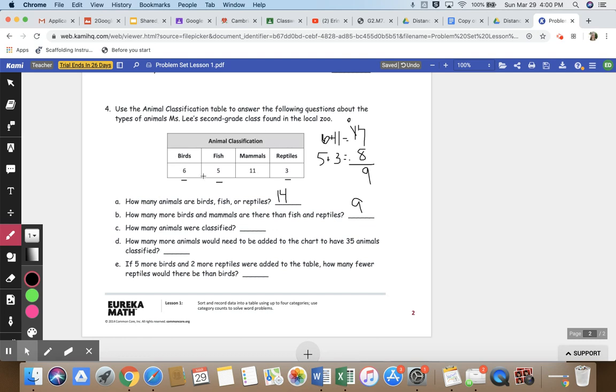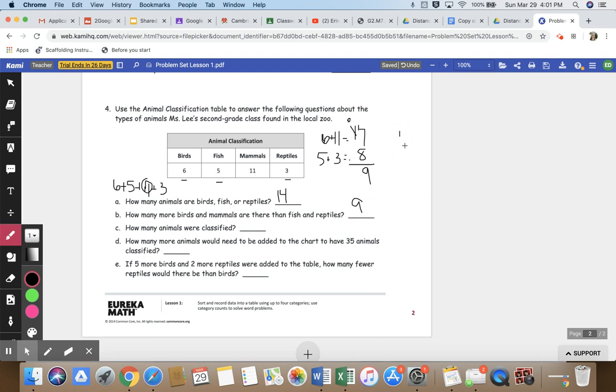Well, all the animals in the chart are classified, so that's asking us to add all of the animals in here. So I'm going to say 6 plus 5 plus 11 plus 3. Okay, and I can also go over here and look, we had animals that were bird, fish, and reptiles were 14, and then I'm just going to be adding in my 11 mammals.